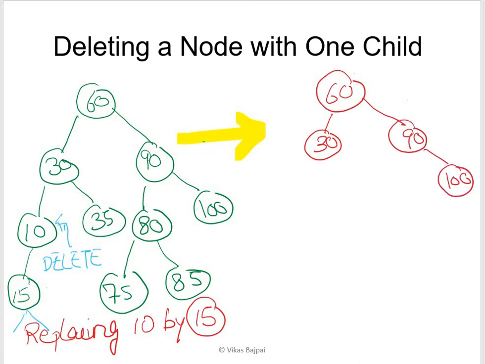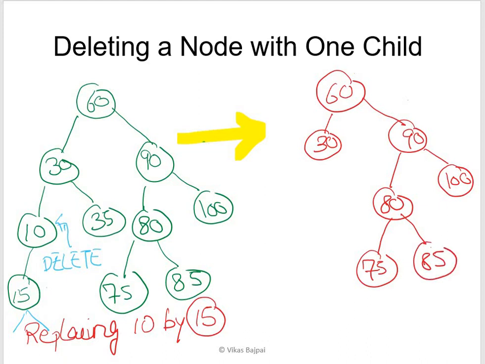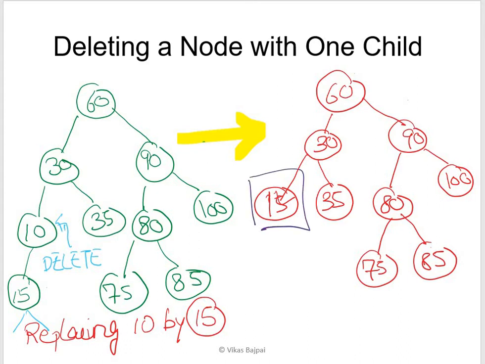So on the right hand side, the entire content remains intact, no change on this particular end. Whereas on this side, I'll be replacing this 10 with 15, and this becomes my resultant tree. So what I observe is that there is some amount of change. Once again, comparatively simpler approach, but yet you have to do some amount of replacement.